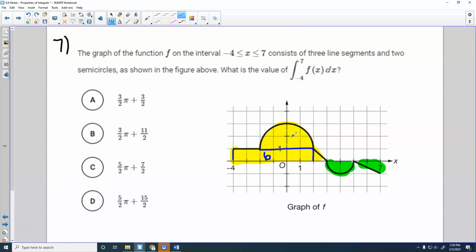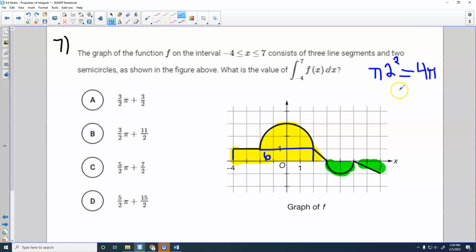That's a positive 6. This is a semicircle with a radius of 2. So area of a circle is pi times the radius, which is 2, squared, which will give you 4 pi, but 4 pi is the whole circle.